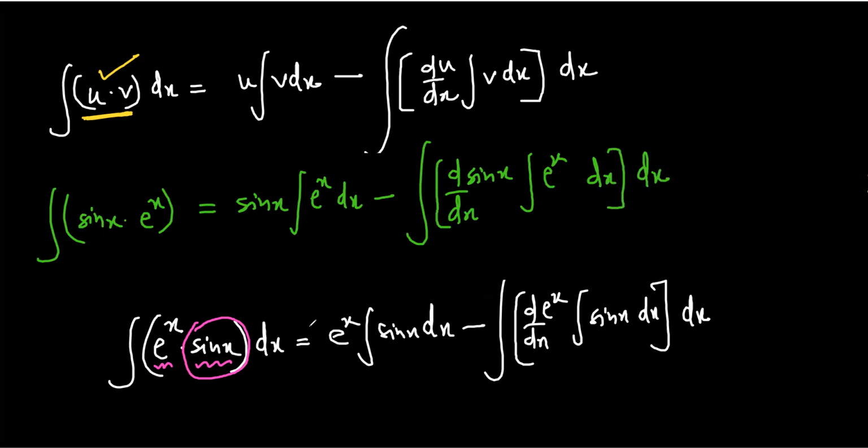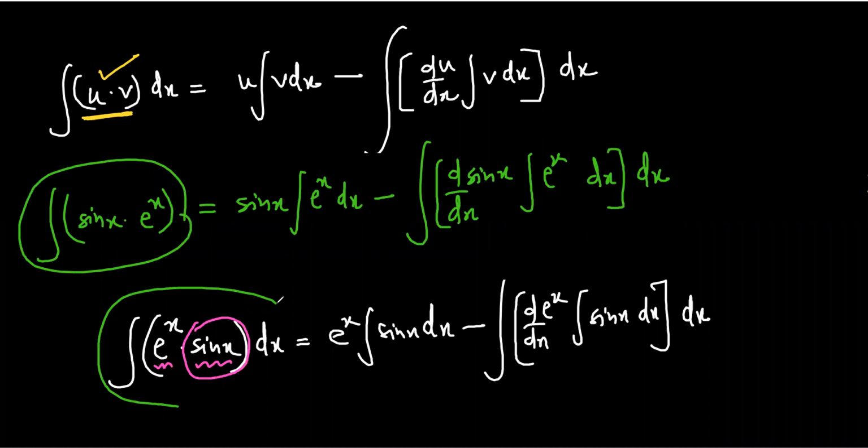So you can understand the left hand side of these two integrals is the same, they are equal, but the right hand side looks very much different. One of these will get you the final answer and the other will get you into a loop. It will become endless. You will keep on integrating, it will never end.